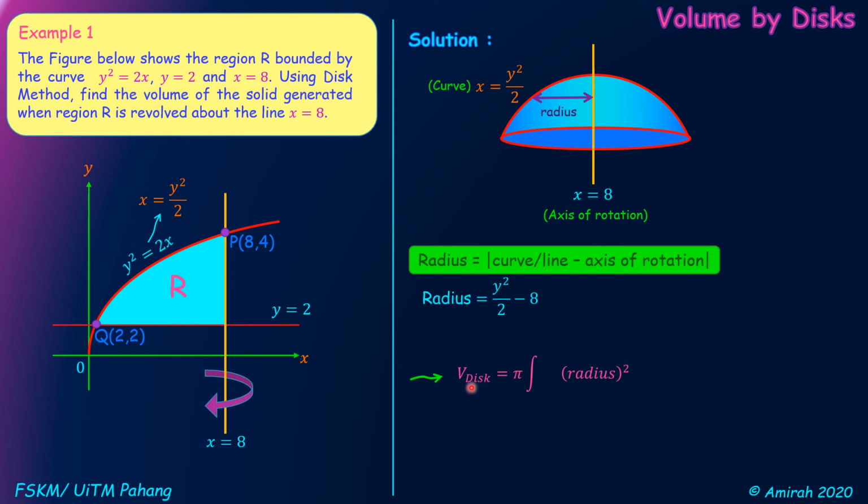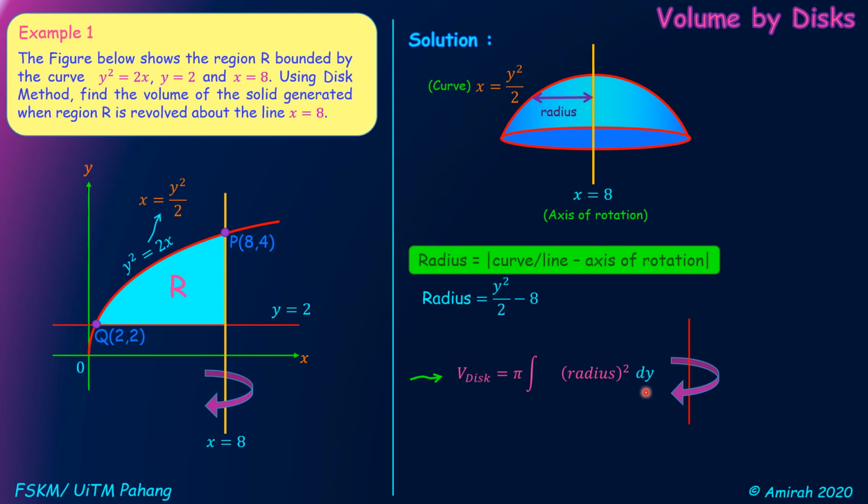Volume by this equals to pi integration of radius squared. And then we can check the axis of rotation. Our axis of rotation now is a vertical line. So when the axis of rotation is vertical line or parallel to y-axis, we need to integrate with respect to y.